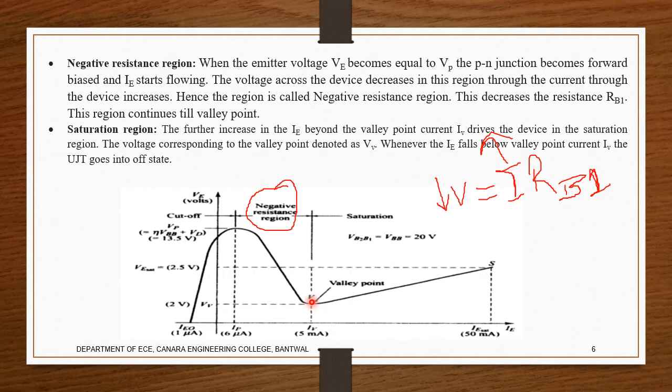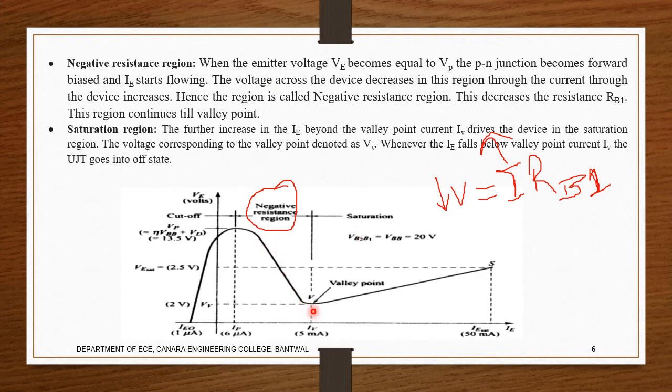When IE falls below the valley point IV, the UJT goes into the off state. So it is initiated till here, and from here again it goes into the off state. This is the condition for a UJT to trigger on.